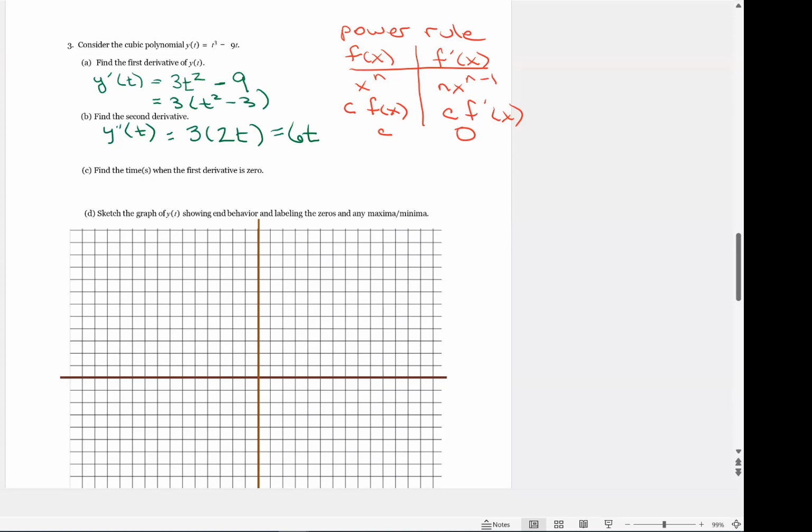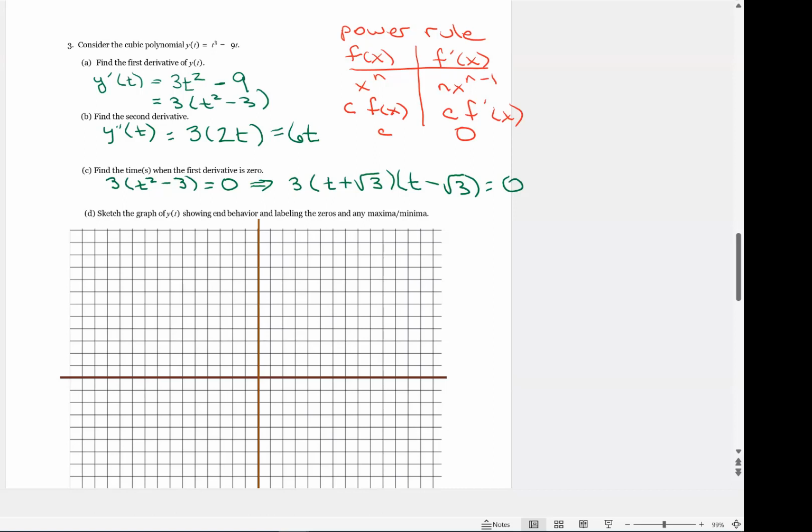And then it says find the time when the first derivative is 0. Okay, I have 3 times t squared minus 3 equals 0. That means I have 3 times, and I can actually still factor t squared minus 3 as t plus the square root of 3 times t minus the square root of 3, and we're saying that equals 0.